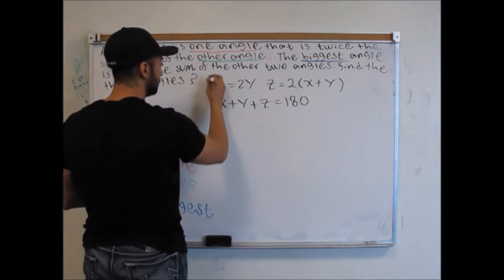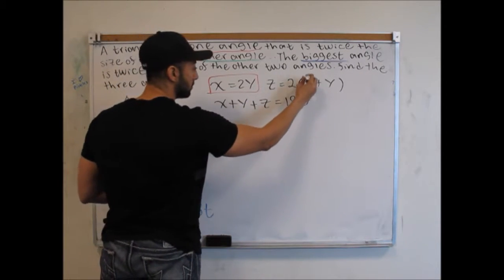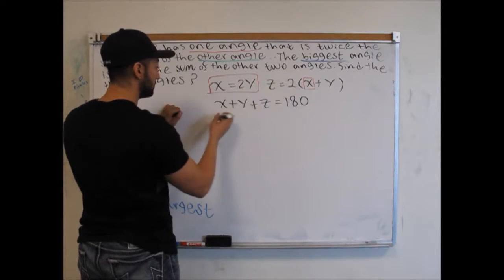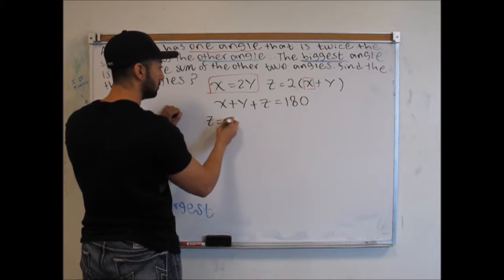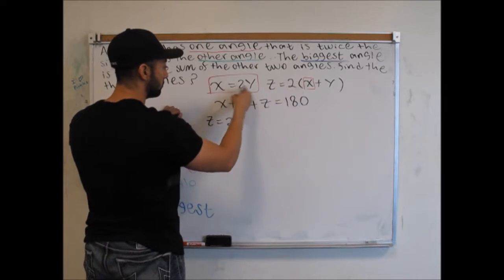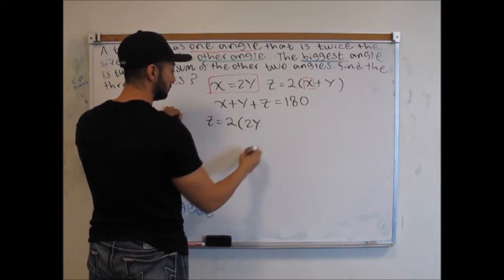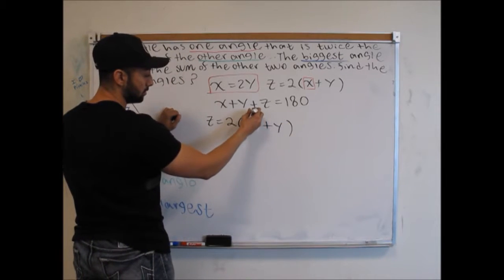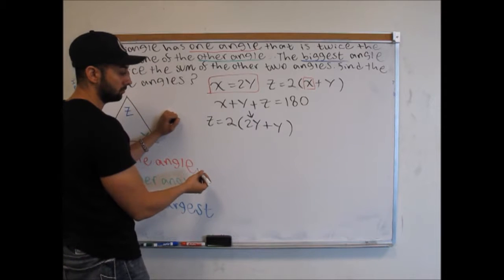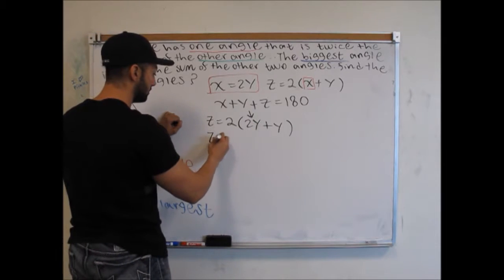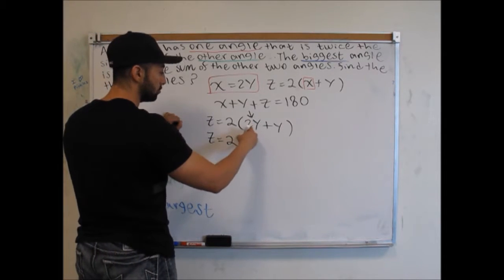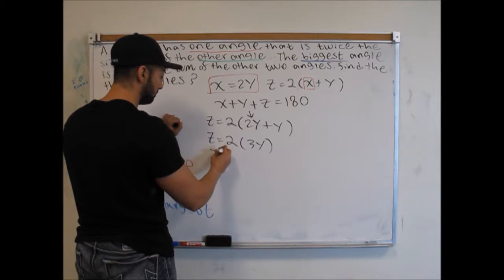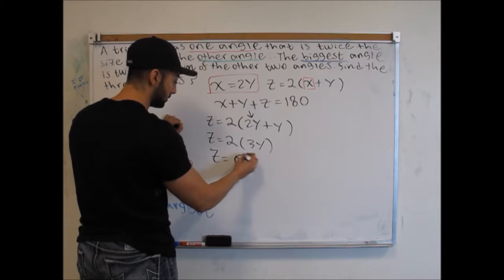This x gets replaced with 2y. So I get z equals 2, and instead of x, I write 2y plus y. Then z is equal to 2 times 3y, and 2 times 3 is 6, so you get 6y.